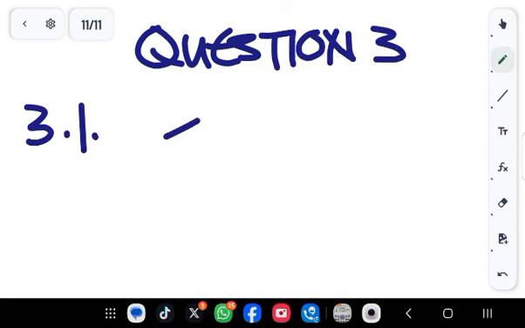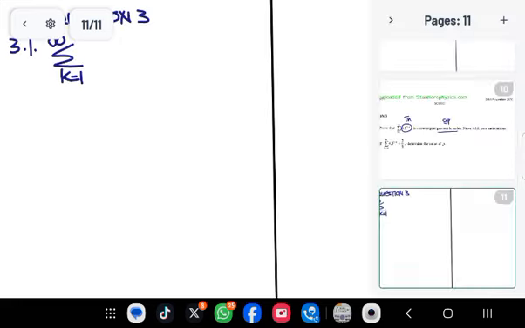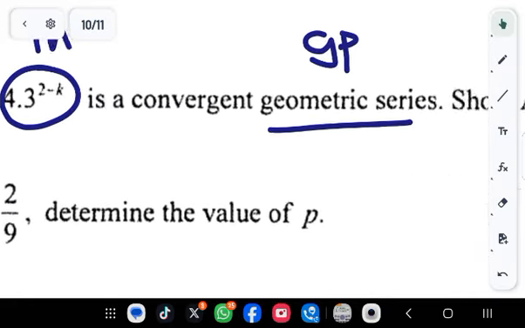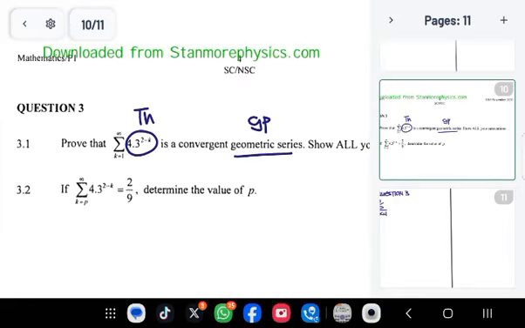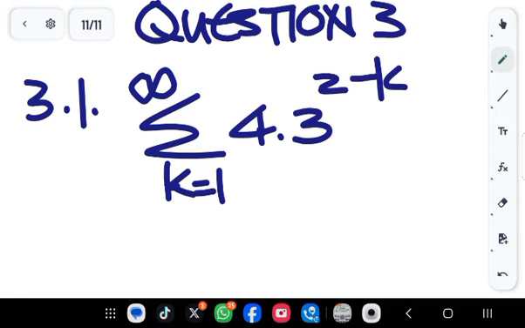Question 3, 3.1. We're looking at the sum to infinity of k equals 1 of 4 times 3 to the power of 2 minus k.